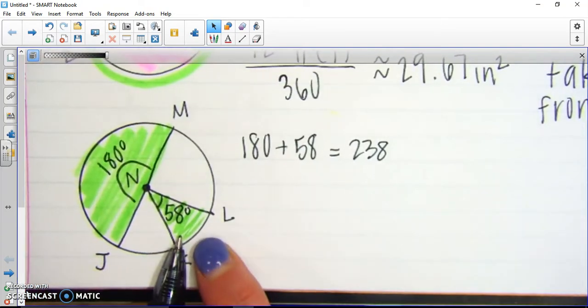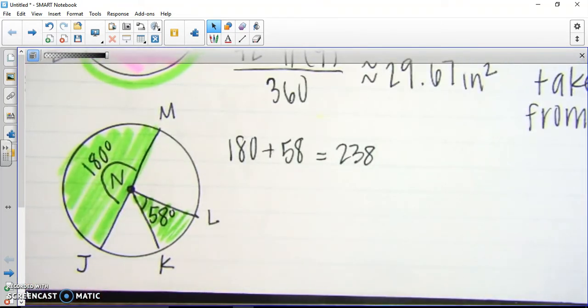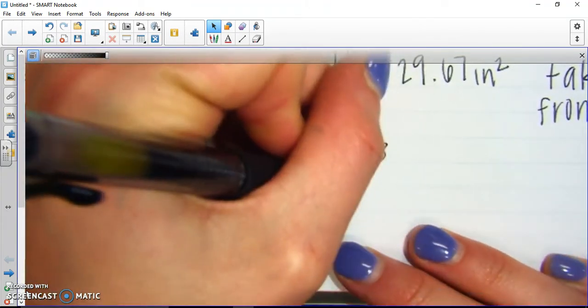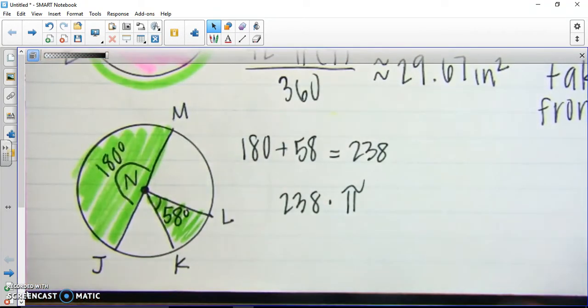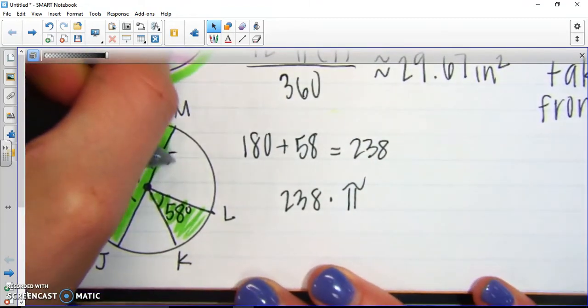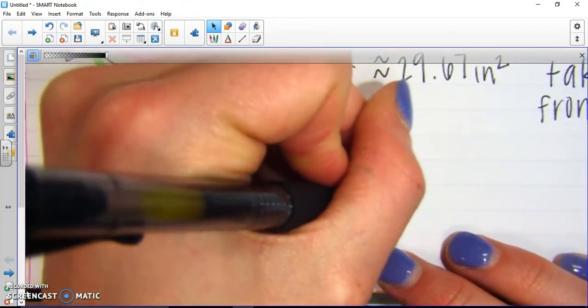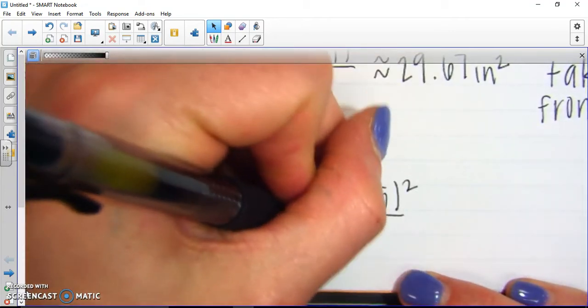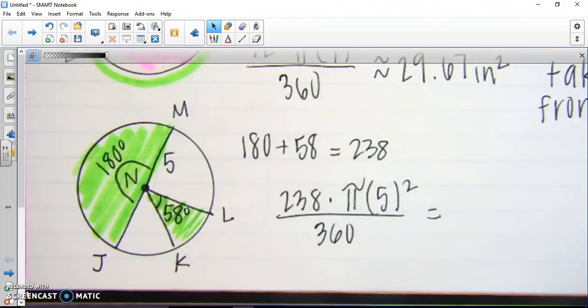Instead of finding the area of this sector, the area of this sector, and adding, you can just do it in one step. So we can say 238 times pi r squared, and I'll tell you that r is 5, so pi r squared over 360. Okay.